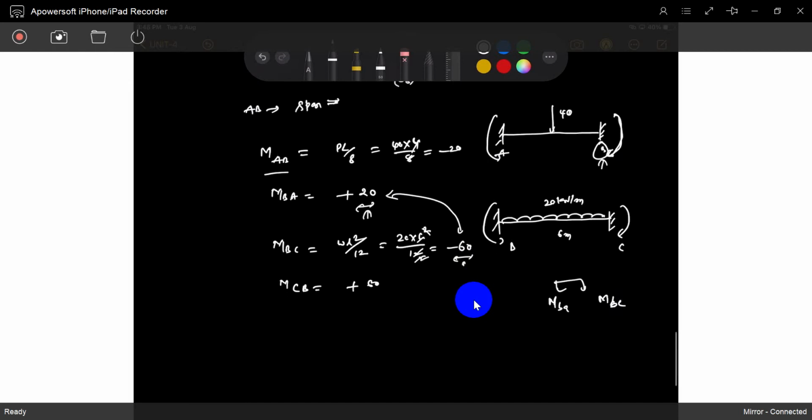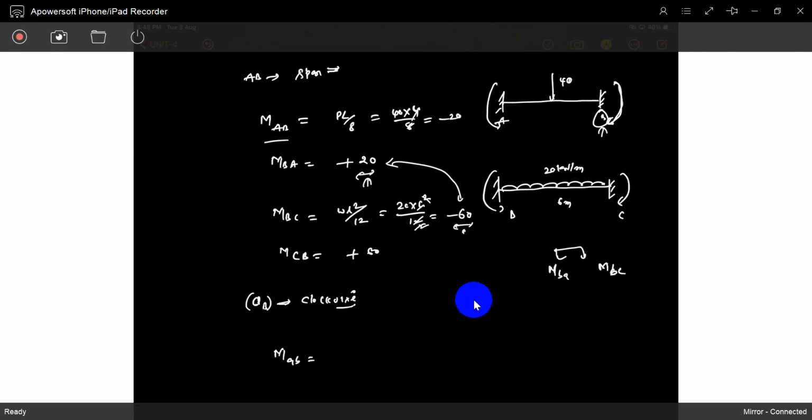Now you see it. B has some theta B slope, clockwise or anti-clockwise, we don't know, so we have taken it as clockwise. If B experienced theta B in clockwise, what is MAB?